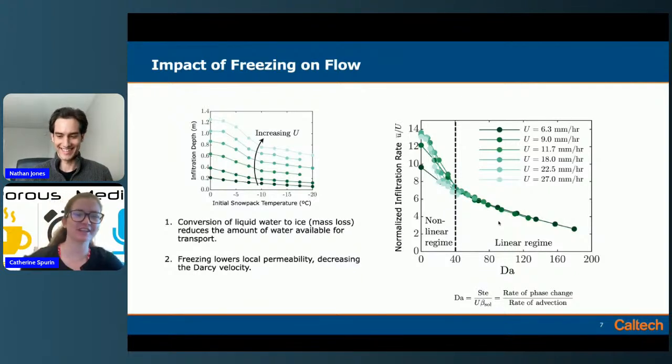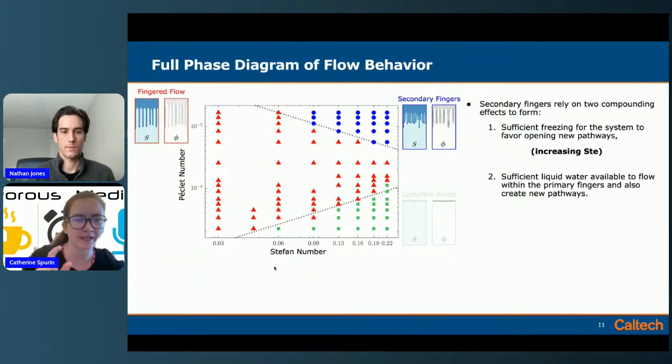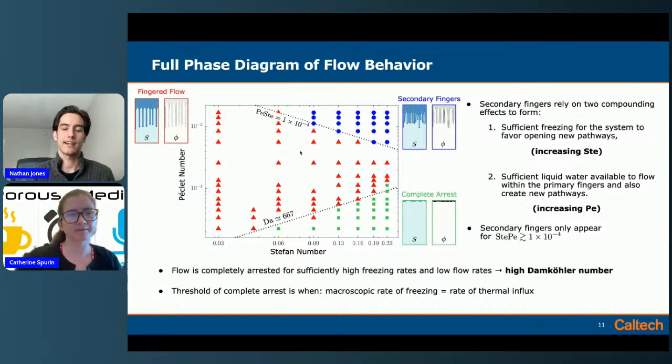Do you think that depending on your porous medium and heterogeneity, those transitions that you showed are going to be quite heavily influenced, or do you think the boundary between the secondary fingers is going to remain roughly at, what was it, 10 to the -4? Yeah, that's a very good point. This is based on one snow type.